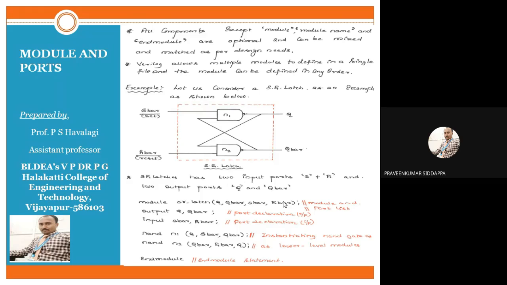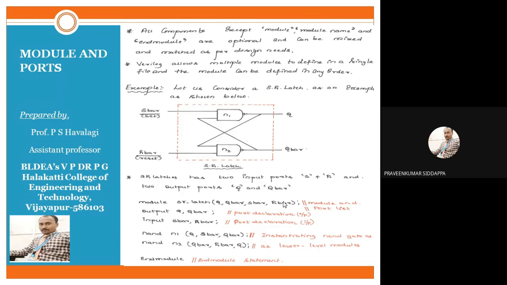In some complex digital circuits, we have 10 to 15 NAND gates. At that time, I should be able to identify that this expression is for this gate only. Is it clear? For that purpose, we should give block names.